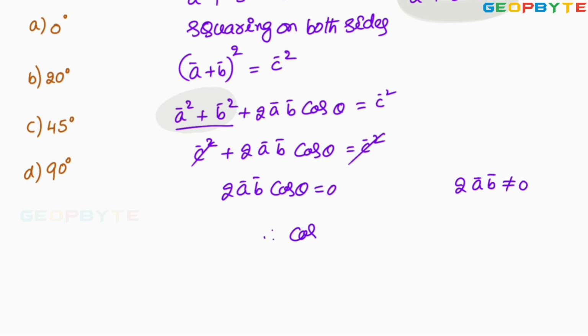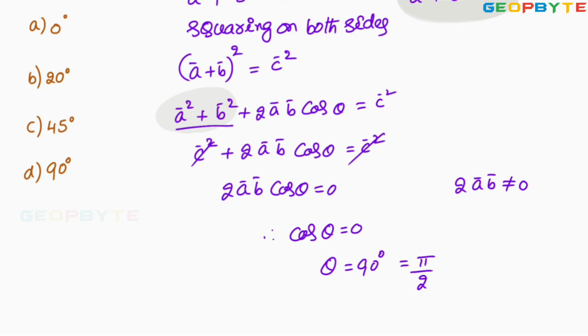Therefore, cos theta must be equal to 0. If cos theta equal to 0, then theta is how much? Theta equal to 90 degrees. This is equal to pi by 2. So theta equal to 90 degrees.